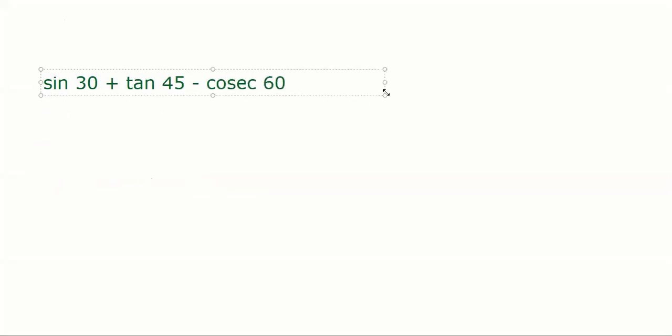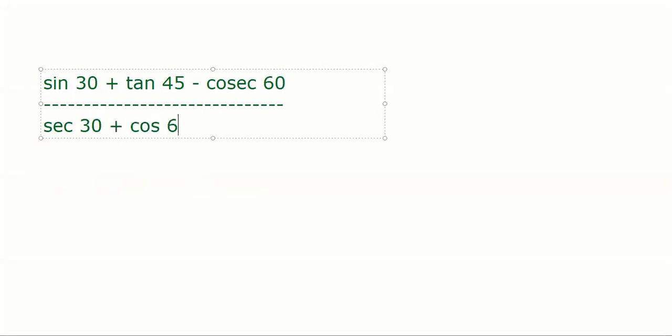If I say find the value of sin 30 plus tan 45 minus cosec 60 by sec 30 plus cos 60 plus cot 45. Can you find out, everybody, please, quickly? I'll give you 1 minute and then I'll solve it.